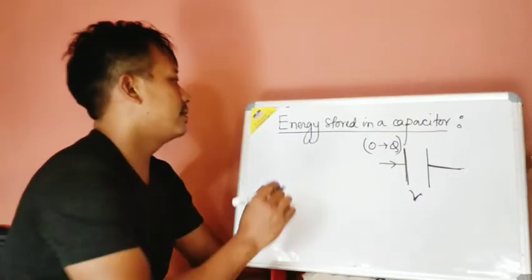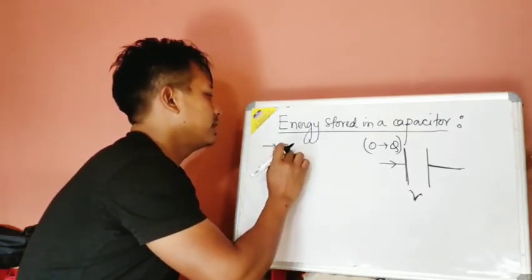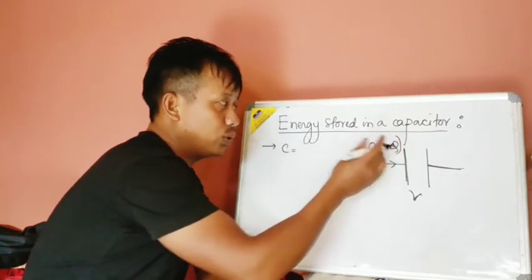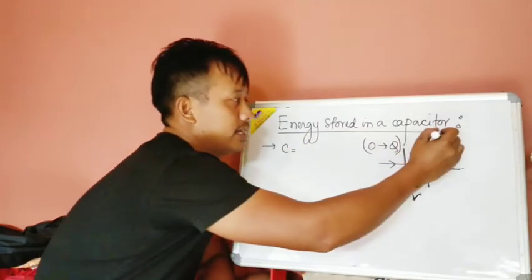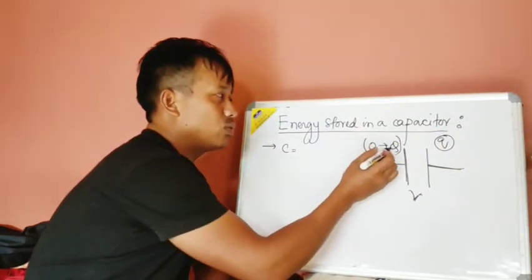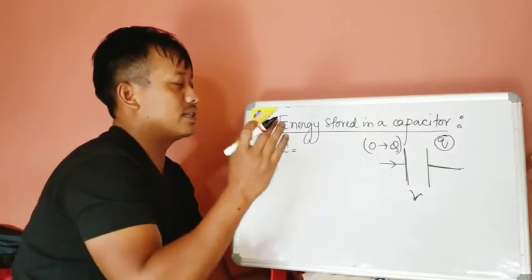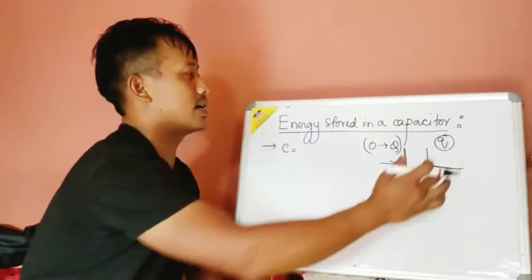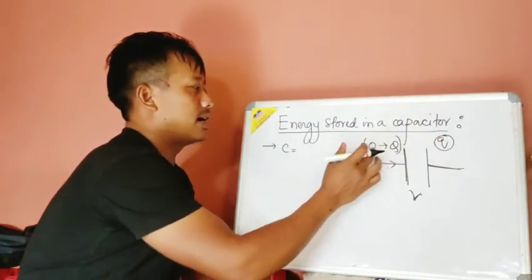Then, by definition of capacitance, C will be equal to Q, the final charge, over V. Then let q be the charge at any instant, when the charge increases from 0 to Q. It is not equal to the total charge.